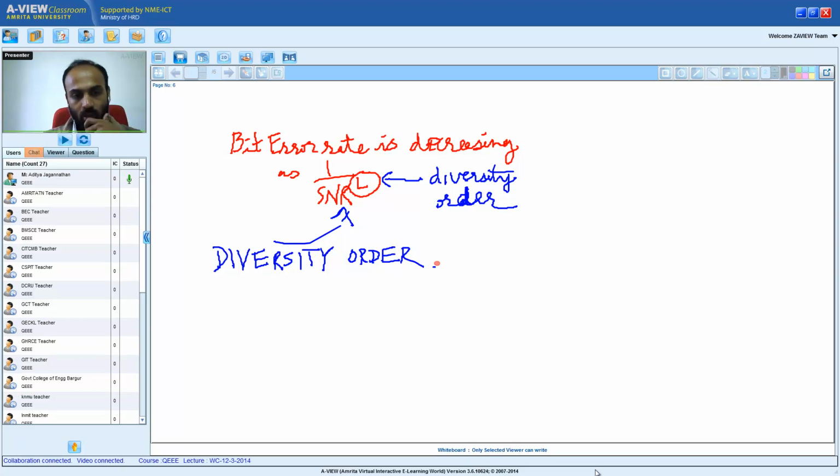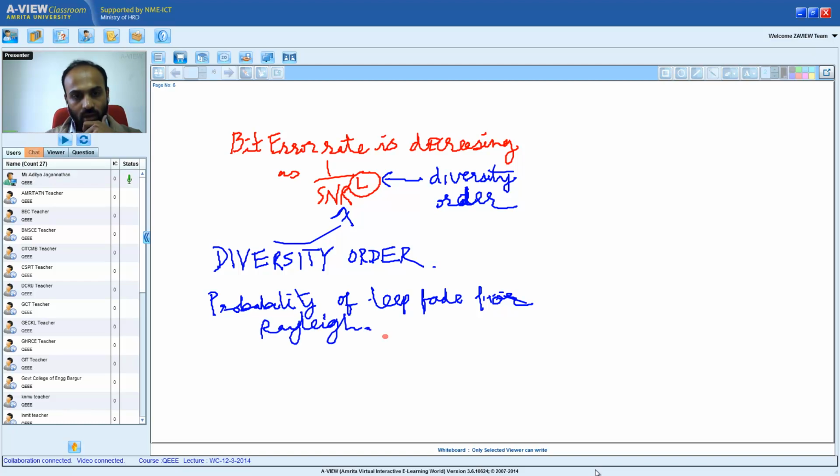We found out the probability of deep fade for a Rayleigh fading channel.